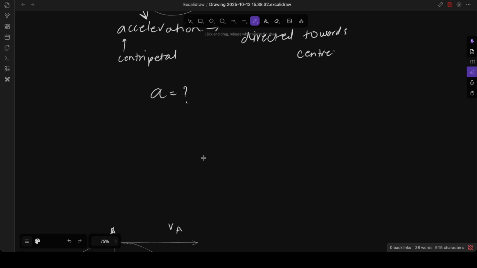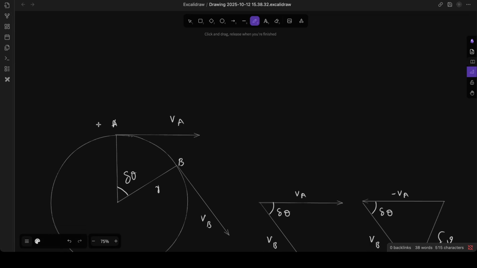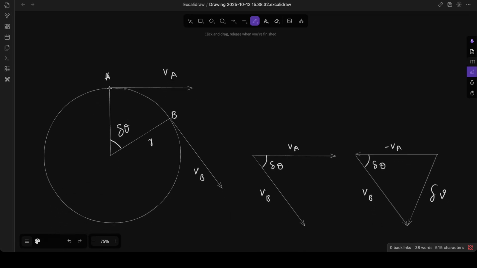To do it in a different way, we first consider a body performing uniform circular motion. It is at point A, and in some small time t, it will go to point B. When the body is moving from point A to point B, I want to figure out the acceleration.